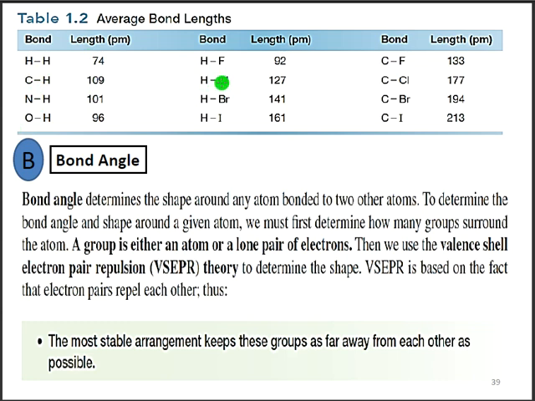The halogen atoms are big atoms. For this reason, the distance between the halogen and hydrogen will be bigger than between hydrogen and hydrogen, or carbon and hydrogen, and so on.